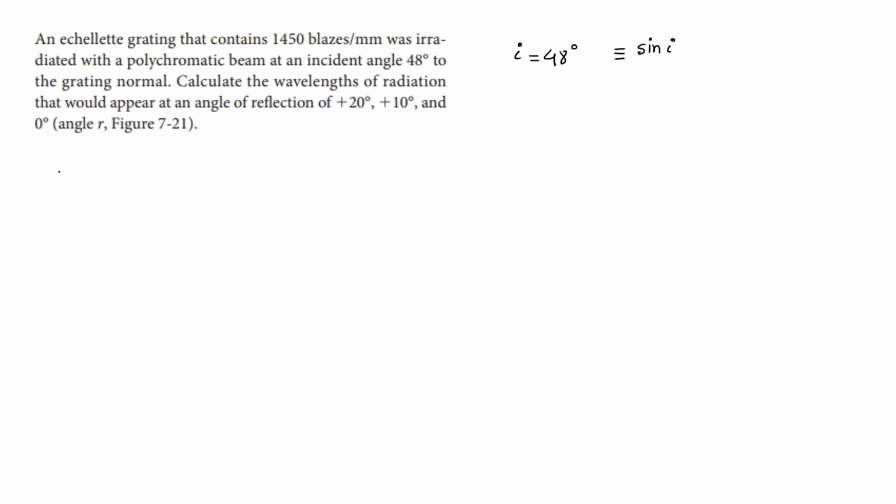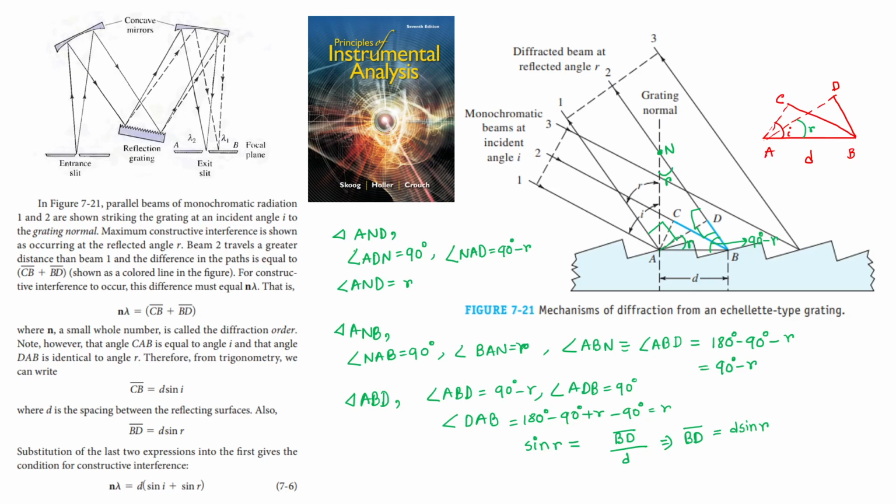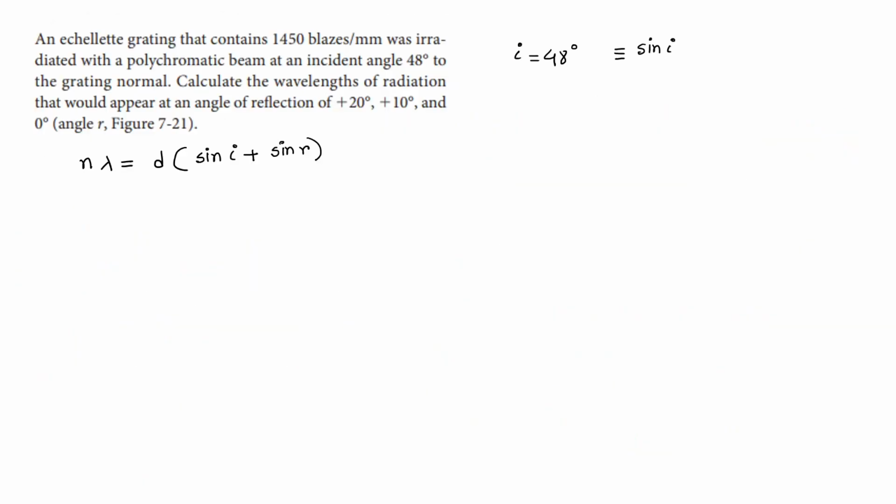So your sin I is, we know the equation, right? We know the equation that n lambda is equal to d sin I plus sin R, right? This is the equation. Now, so what is your sin I going to be?